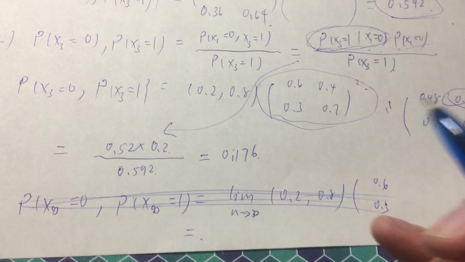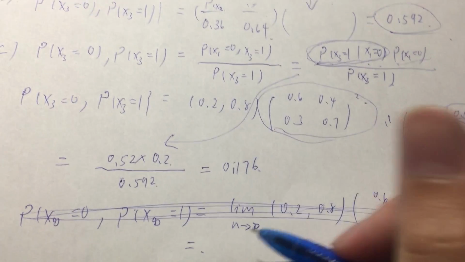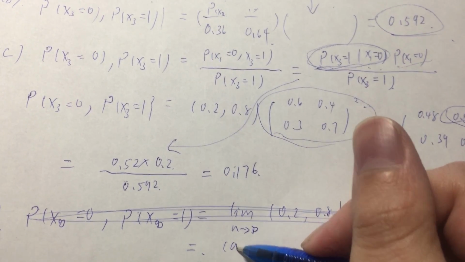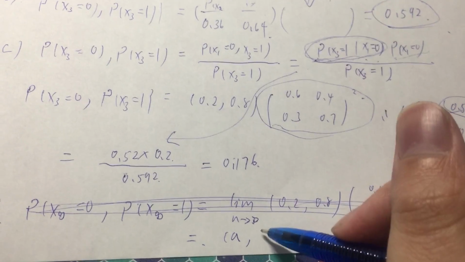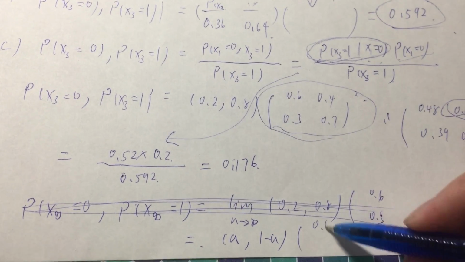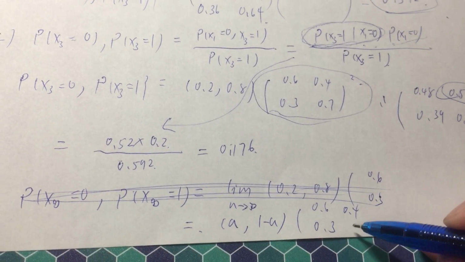We can assume that it is the n minus 1 part. The latter one is 0.6, 0.4, 0.7.